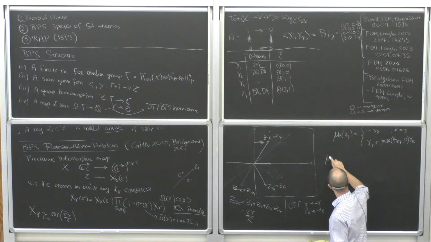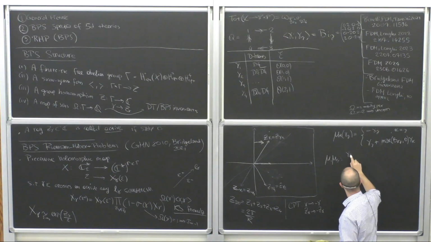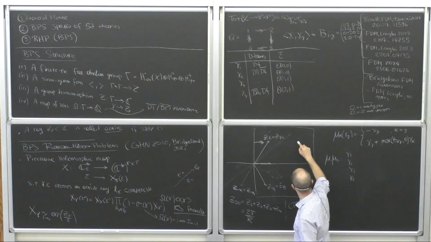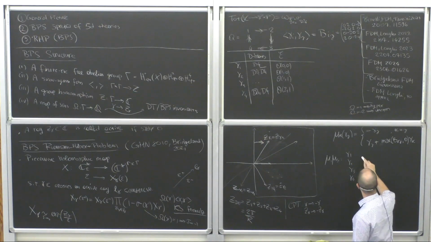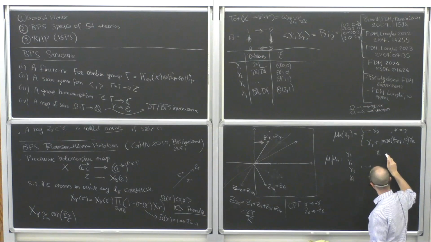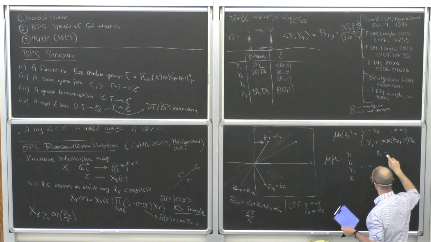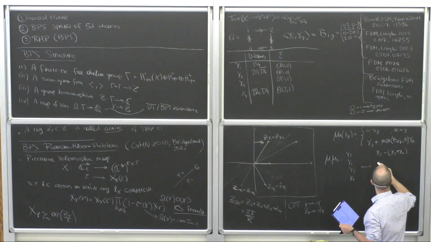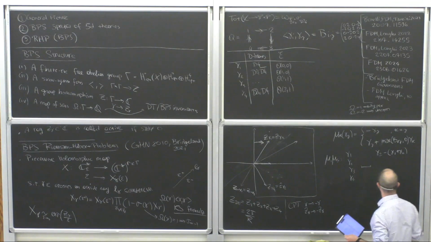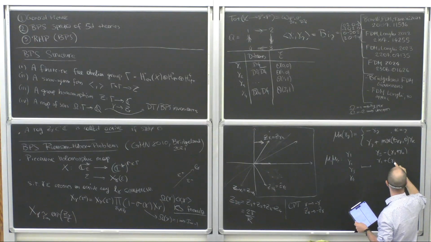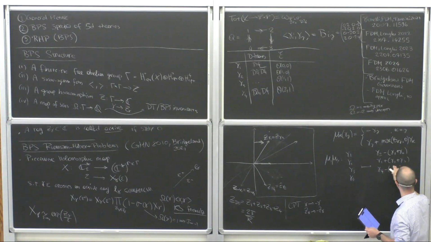So what happens if I do this mu 1 and mu 3 is that the new charges, the new basis: gamma 1 goes to minus gamma 1, then gamma 2 goes to gamma 1 plus gamma 2, and gamma 3 goes to this, and gamma 4 goes to this.